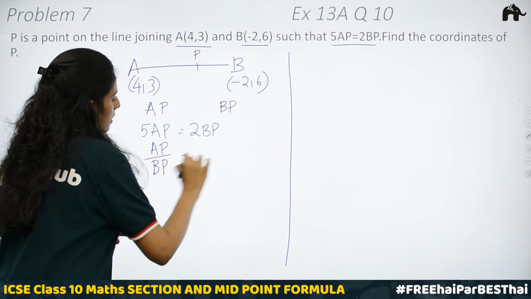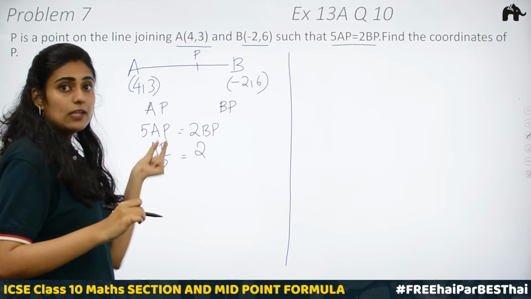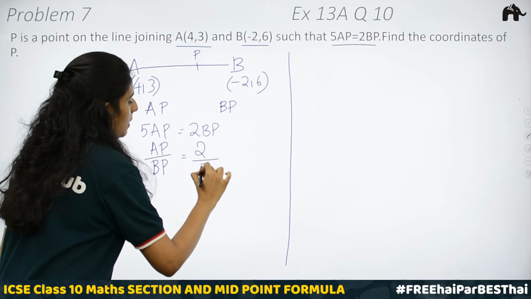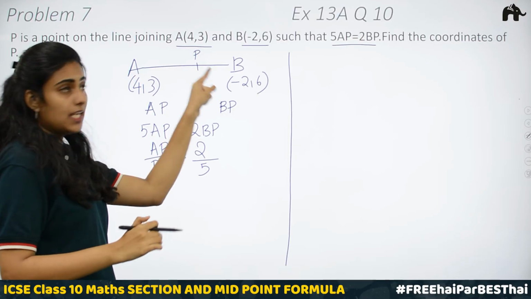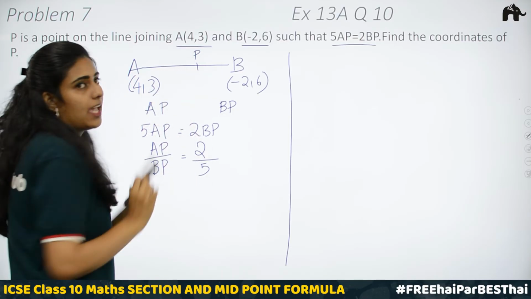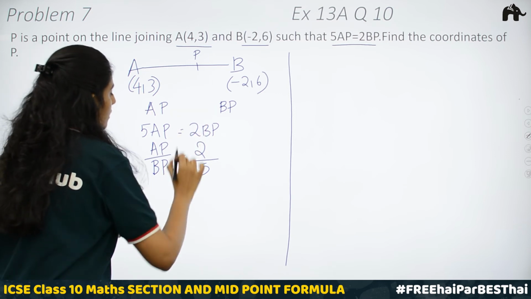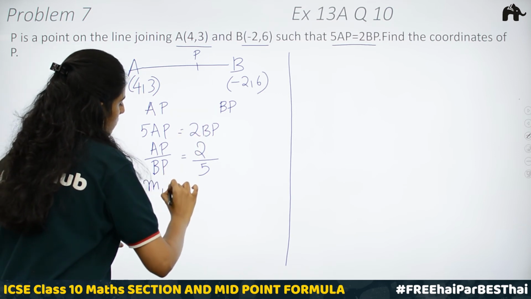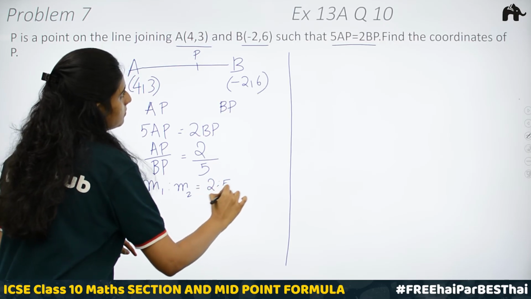What is AP by BP? Here we have 2, taking this 5 to the opposite side, divided by 5. Now this is the ratio in which the point P divides the line connecting A and B. Correct? Therefore, we will have the ratio M1 is to M2 is equal to 2 is to 5.